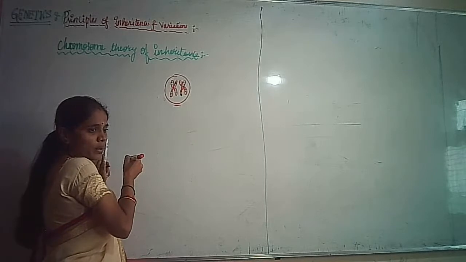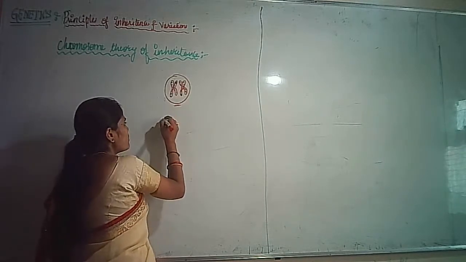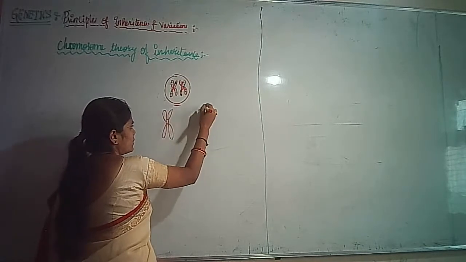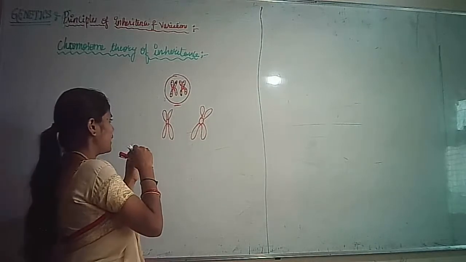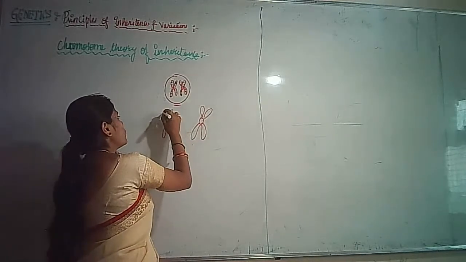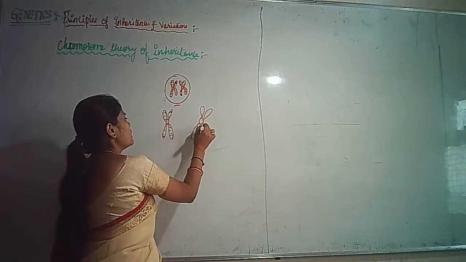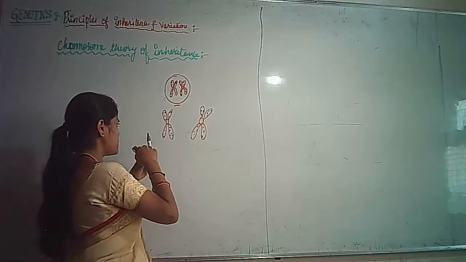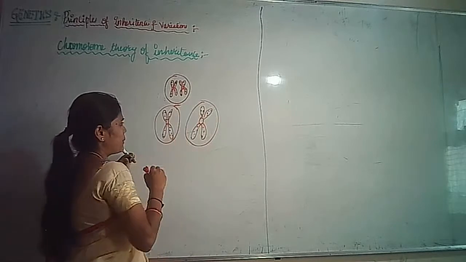When it forms the gametes, it forms haploid: one chromosome and the other chromosome get separated totally. That is what I have just shown you, the haploid it is going to form. This is one gamete, this is another gamete.